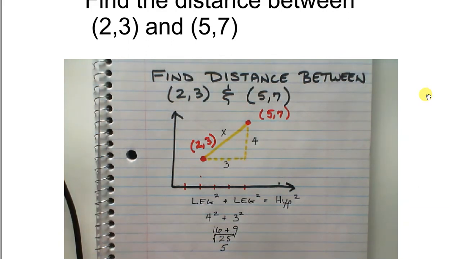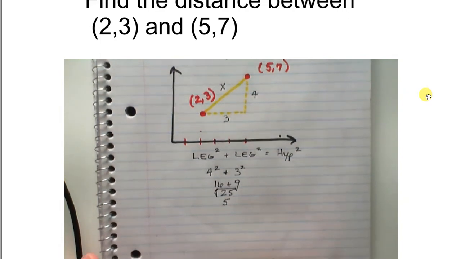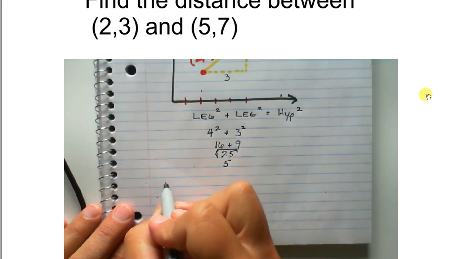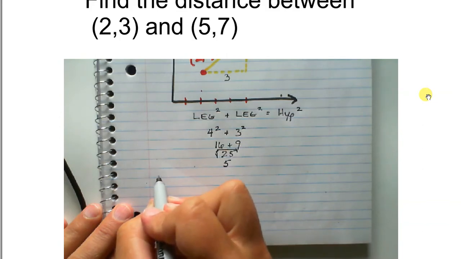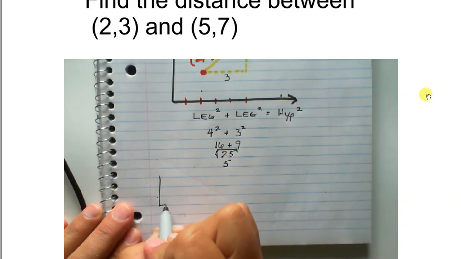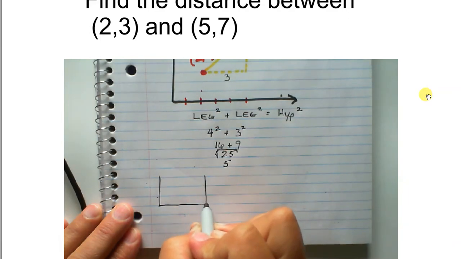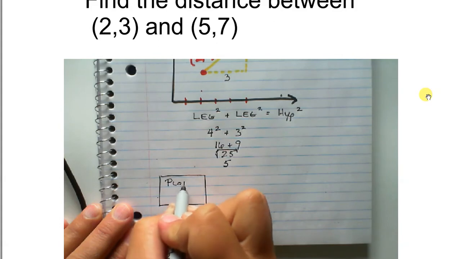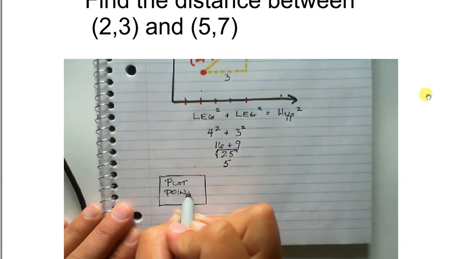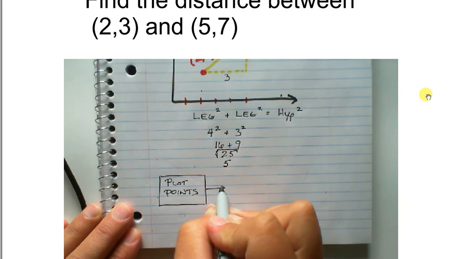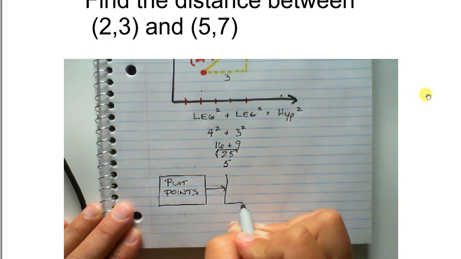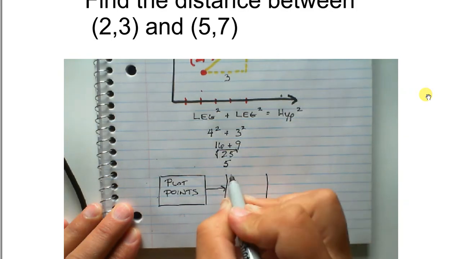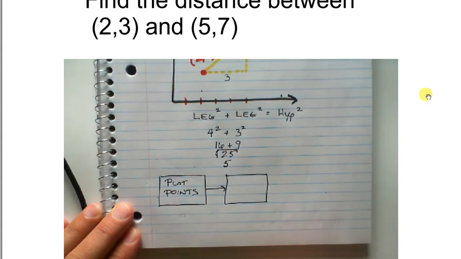So what are the instructions for this? Plot the 2 points, turn it into a triangle, and use the Pythagorean theorem. So step 1, plot the points. We can do this as a flow chart. You plot the points. Draw the triangle.